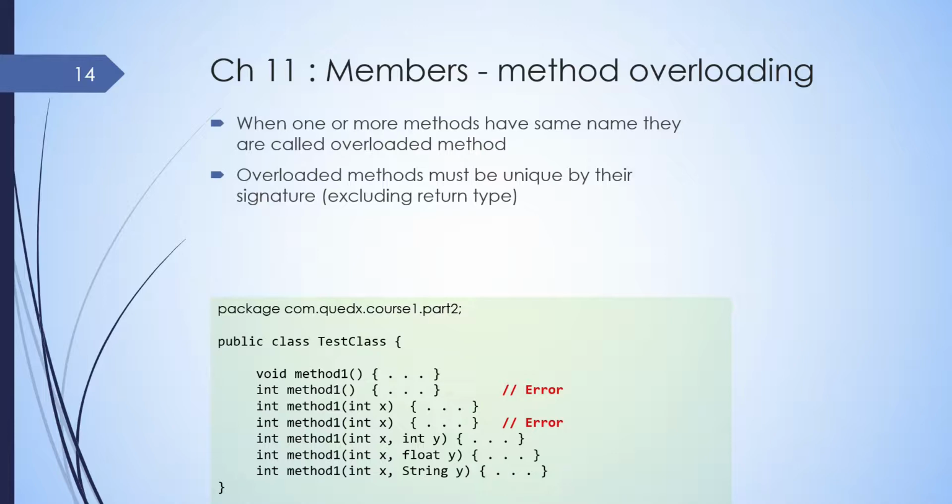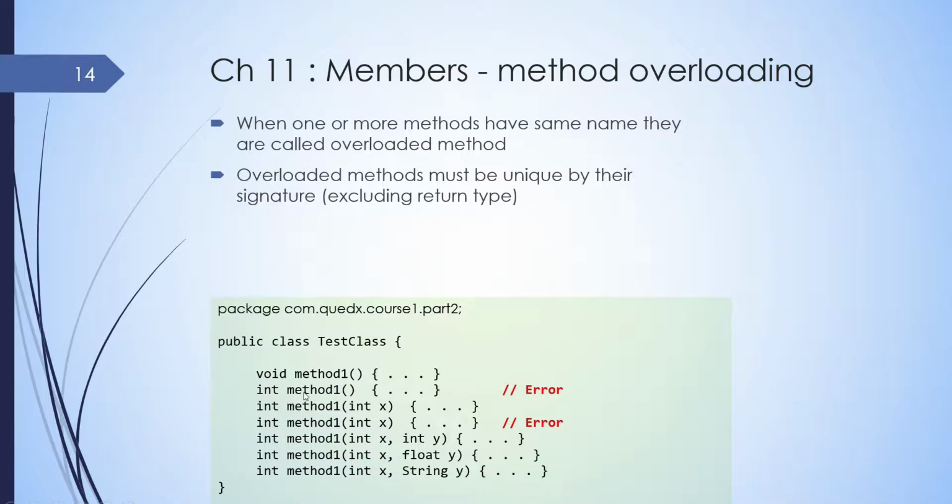So here is a sample class, test class, and we have tried to declare some methods. You can see all of them have the same name. The first one is void method 1, with no arguments, and then it has some implementation.